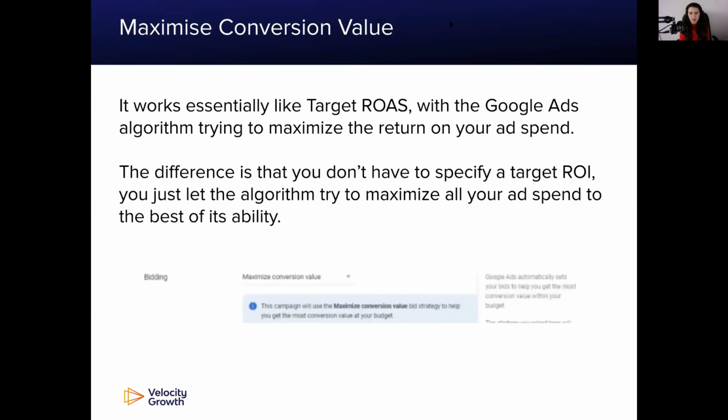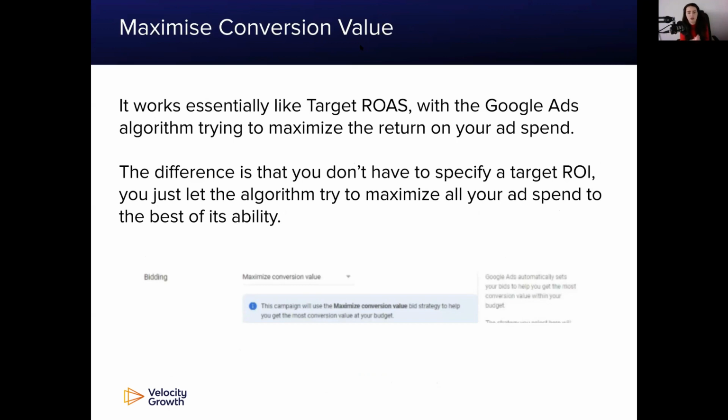The next one is maximize conversion value. This works very similarly to target return on ad spend. It's like a mixture of target return on ad spend and maximize conversions. What you're trying to do in this instance is maximize the conversion value. So you are saying to Google, try to maximize my return on ad spend.